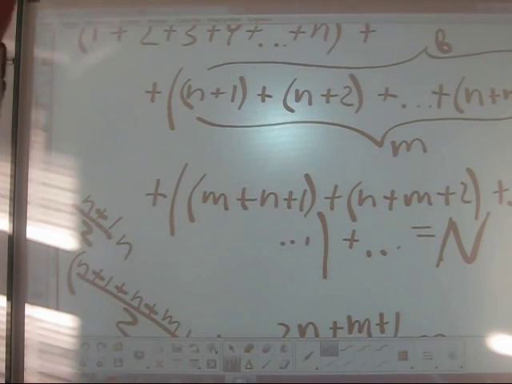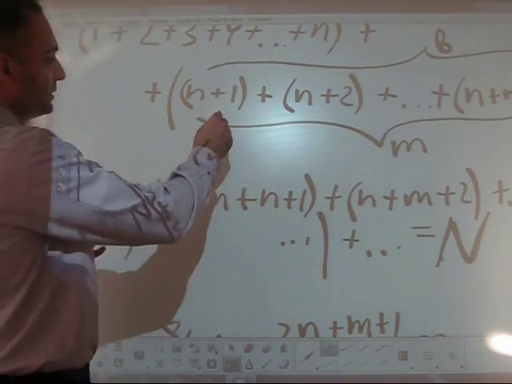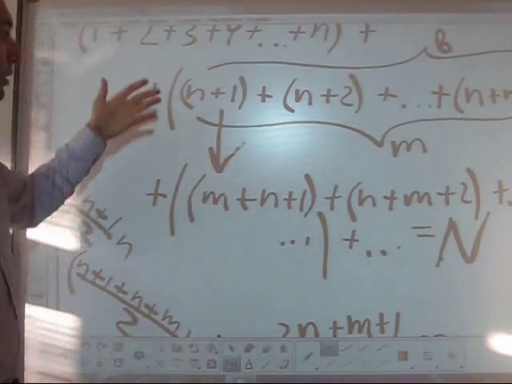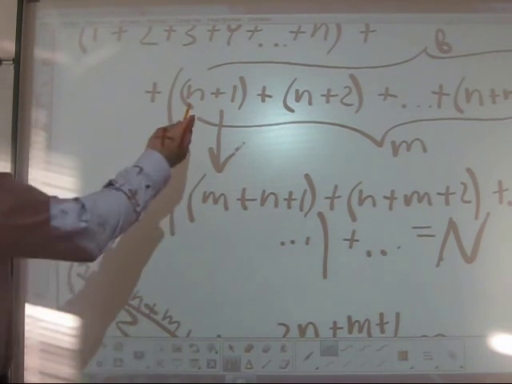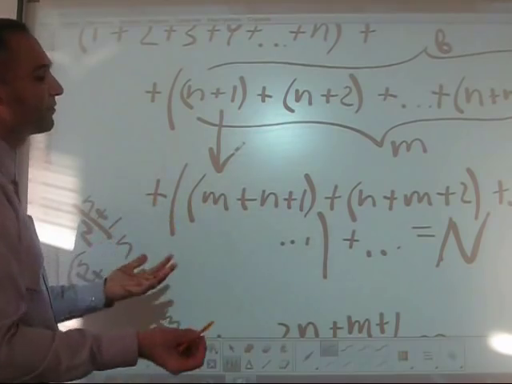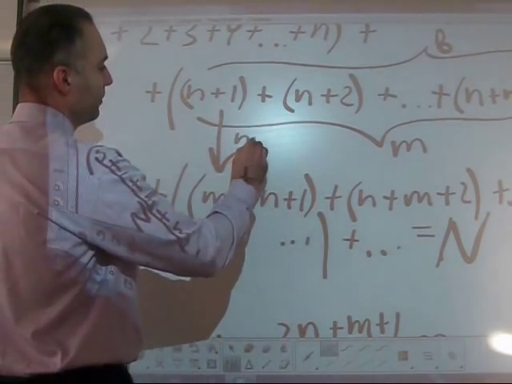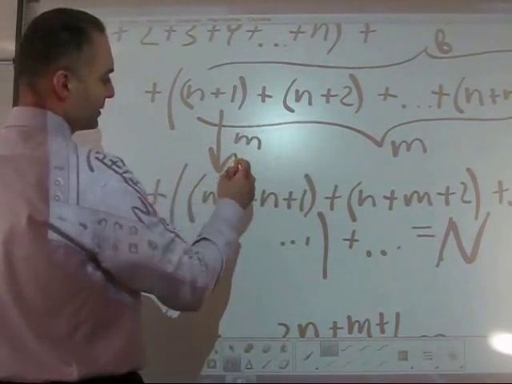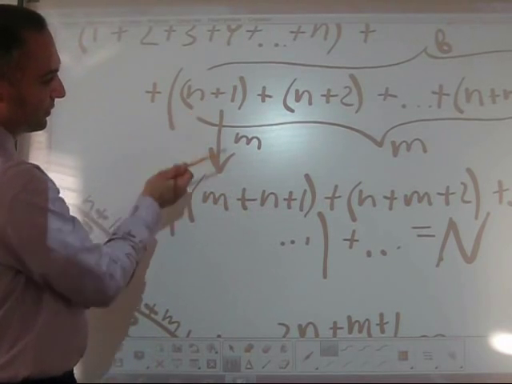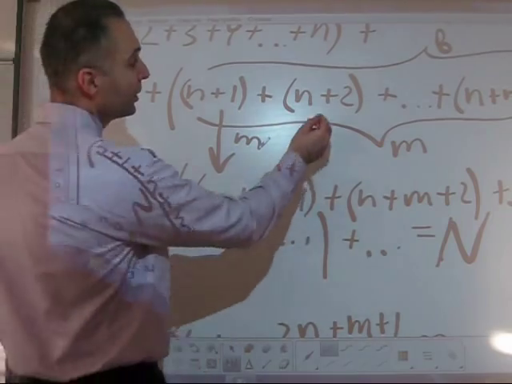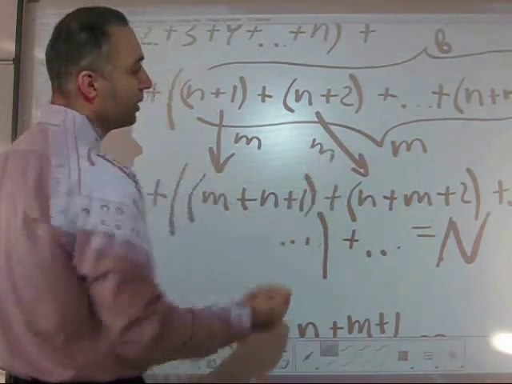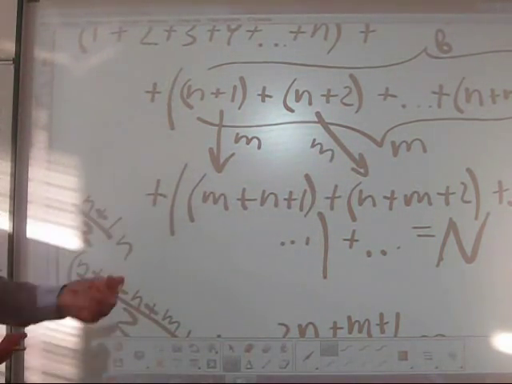Oh, it is obvious because every time we move from this group to the next, our number grows and the difference is obviously m. This number is greater than this number and the difference is m. Here, the difference is m. And we have m such differences.